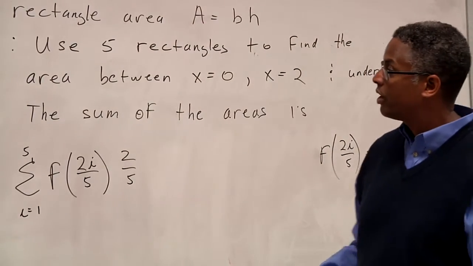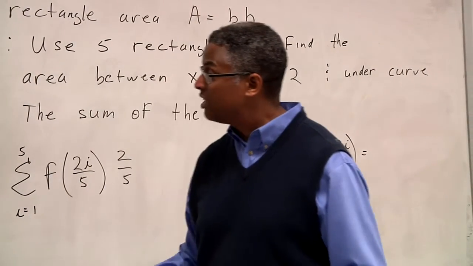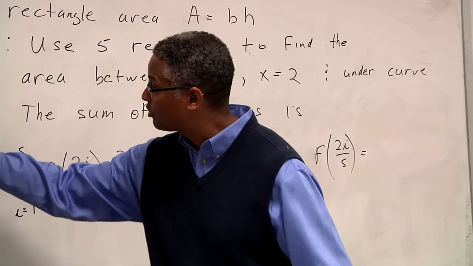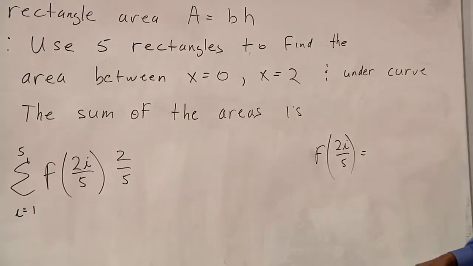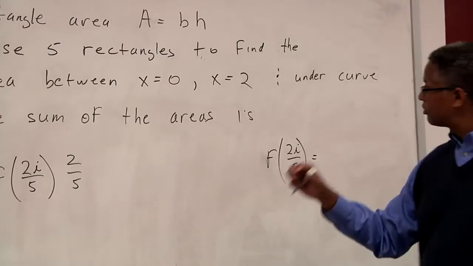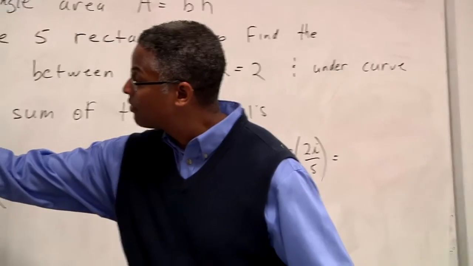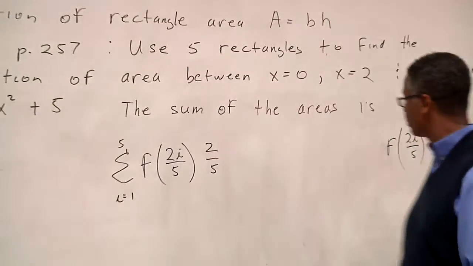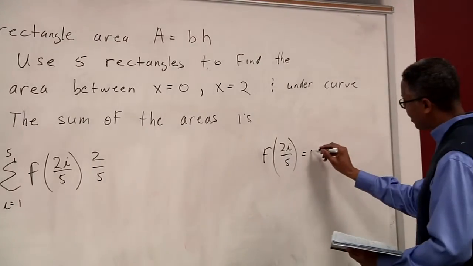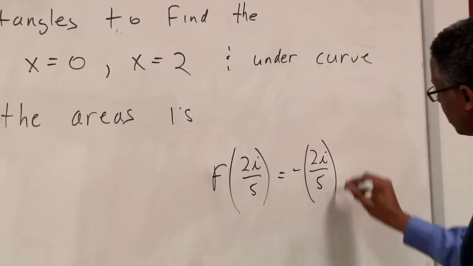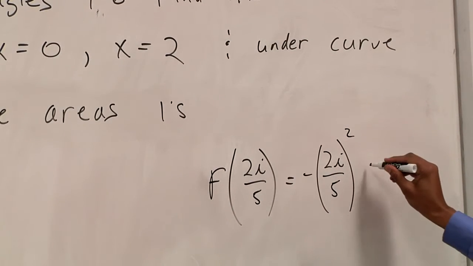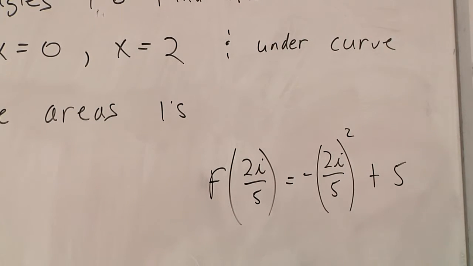So tell me what f of 0 is. You would easily tell me that f of 0 is just minus 0 squared plus 5. So in the same thought process, f of 2I over 5 is just minus 2I over 5 squared plus 5.